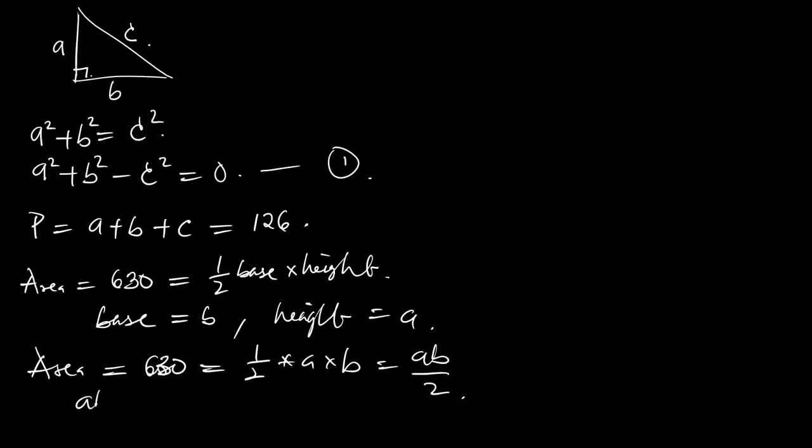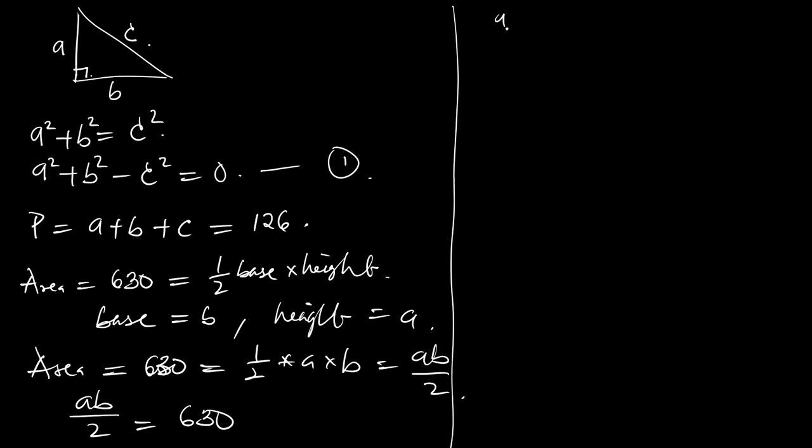Now that means A times B all over 2 is equal to 630. Multiplying both sides by 2, you have AB over 2 times 2 is equal to 630 times 2. This will cancel out. You have AB is equal to 1260.